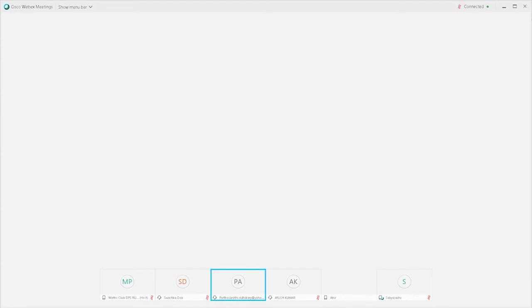Now it is loading. It is showing that due to low bandwidth, your video has stopped. It will resume when the conditions improve. Is everyone else facing this problem? Yeah, it's showing here also.